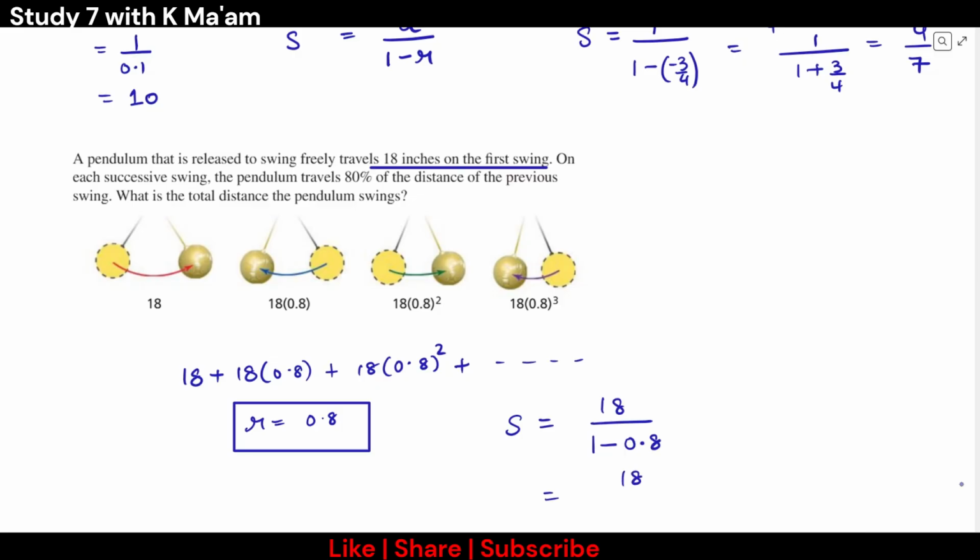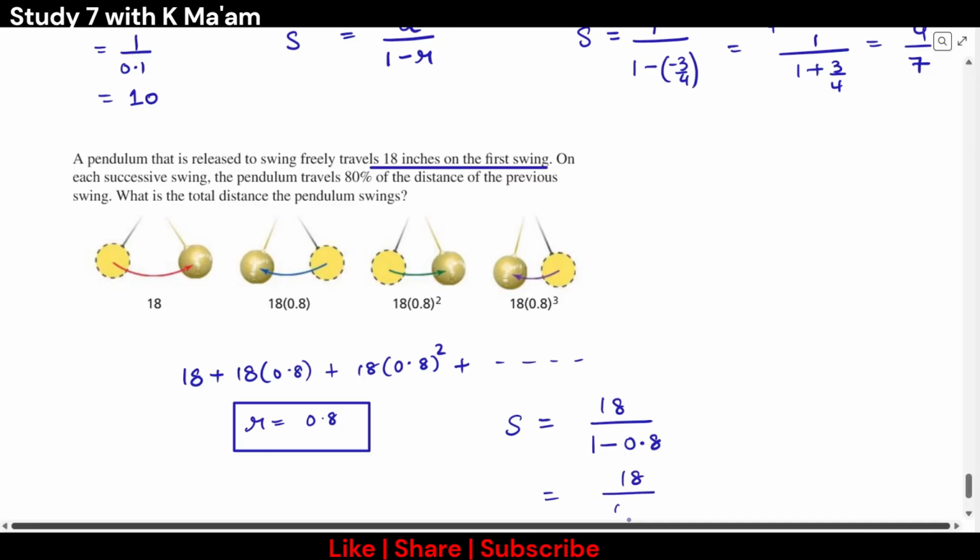On calculation I will get 18 over 0.2. 9 twos are 18, so 9 over 0.1, which is 90. So we get that the total distance traveled by the pendulum is 90.